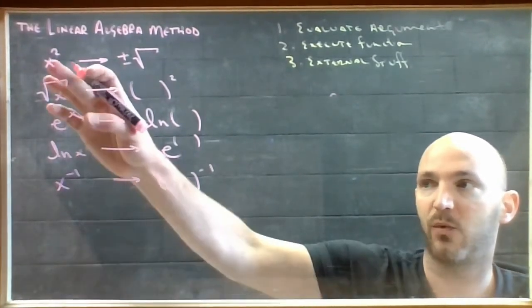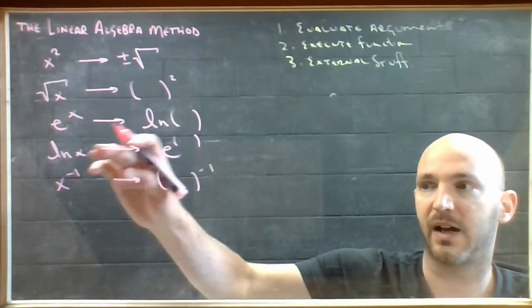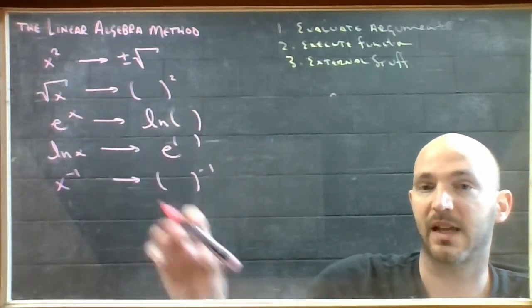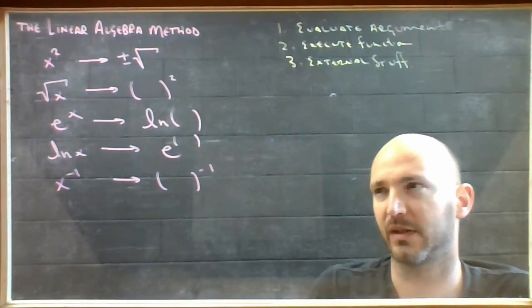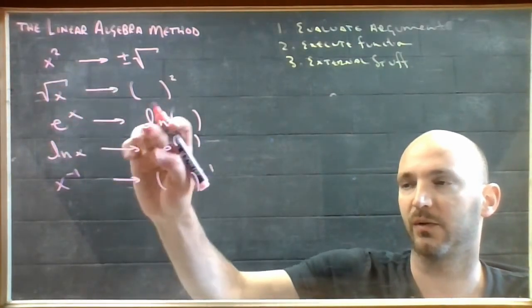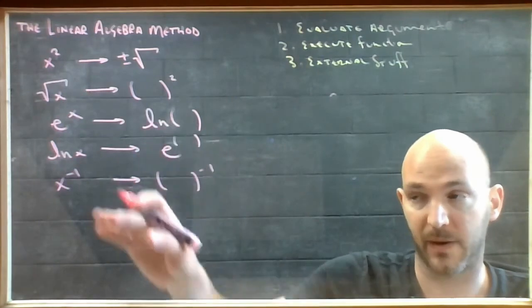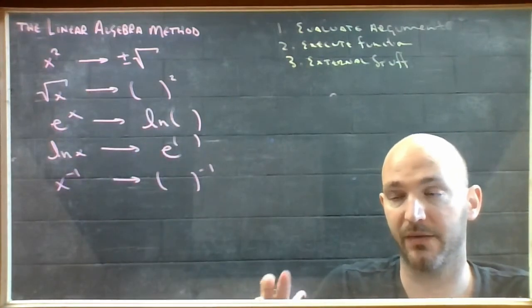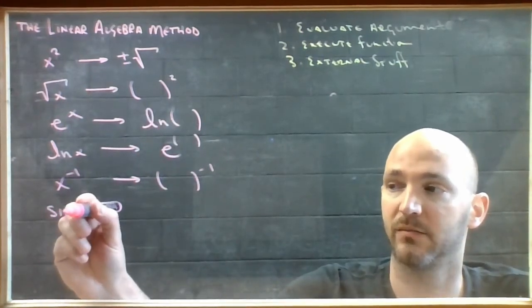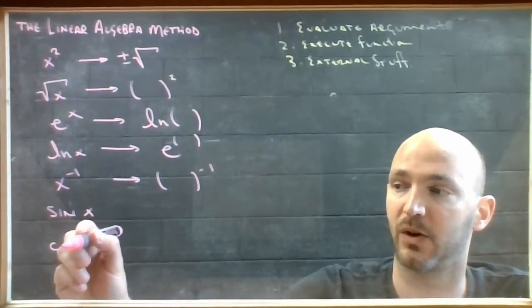So far I have 1, 2, 3, 4, 5, 6, 7 functions. All right, 1, 2, 3, 4, 5 of my base functions, so that leaves 2 left, the sine and the cos.